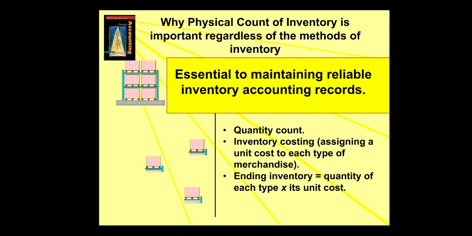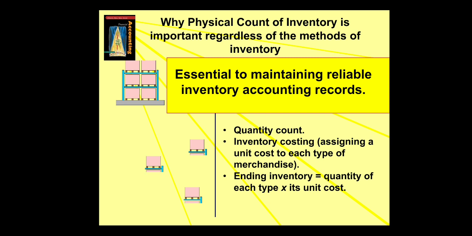Because every time the business sells something, and every time it purchases something, it will update the inventory account, and also update the cost of goods sold account when it sells something. So when the business closes accounts at the end of the year, it already has a record of how much the cost of goods sold and the ending inventory are.